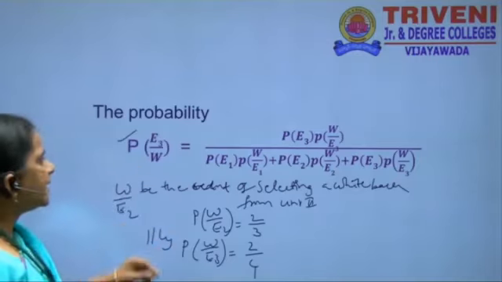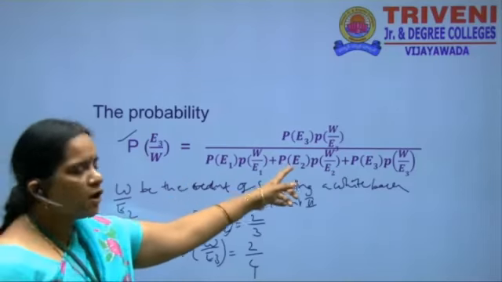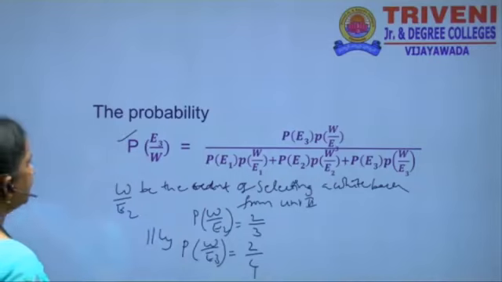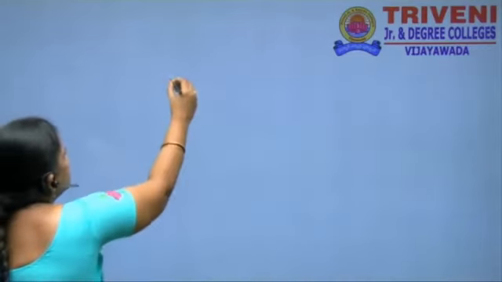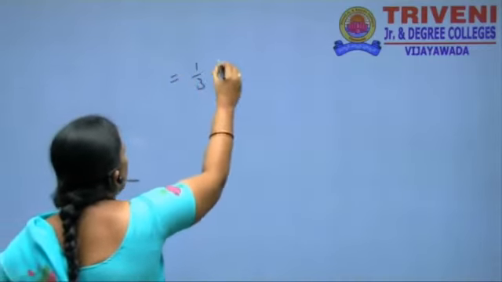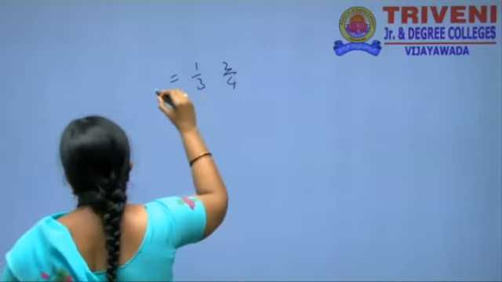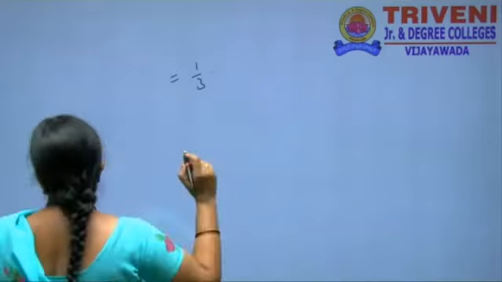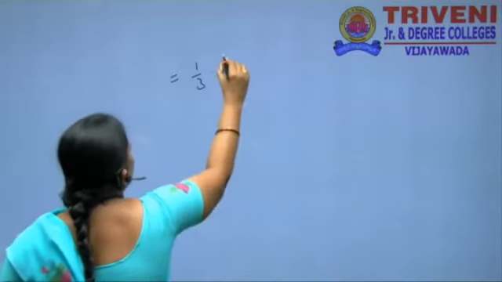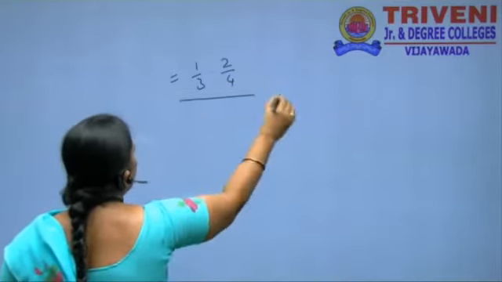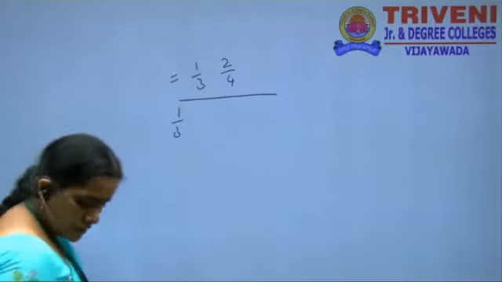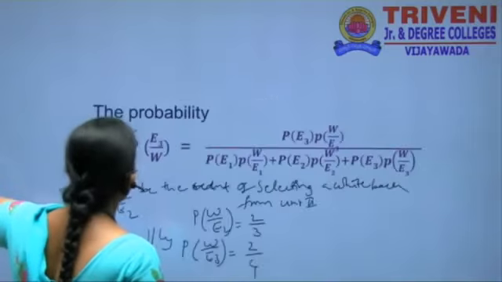P of E3 by W is equal to P of E3 into P of W by E3, that is 1 by 3 into 2 by 4, divided by 1 by 3 into 2 by 4 plus 1 by 3 into P of W by E1.